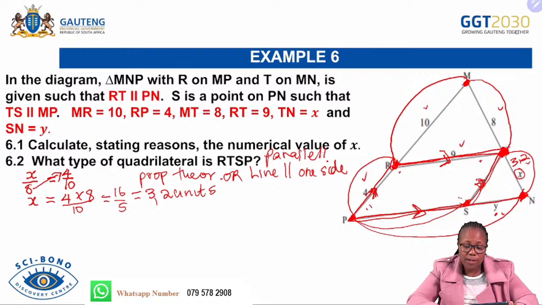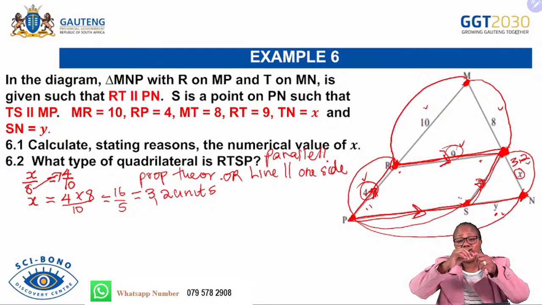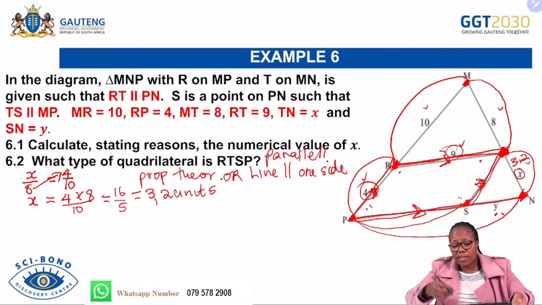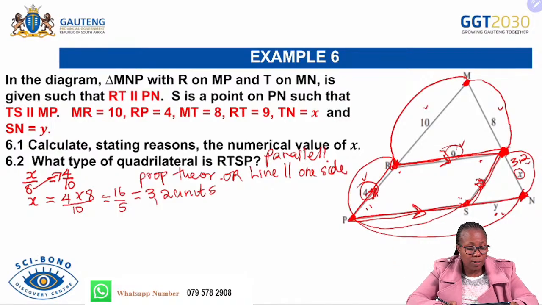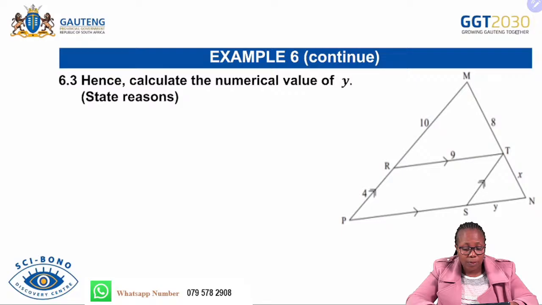So this one qualifies to be a parallelogram, since the sides are not equal. If sides were equal, we would say it's a rhombus. But in this case, it's like you're taking a rectangle and then you stretch it like that, then it will give you a parallelogram.